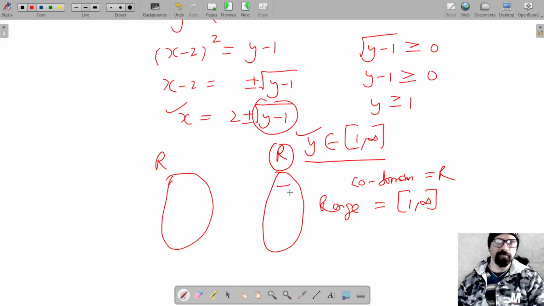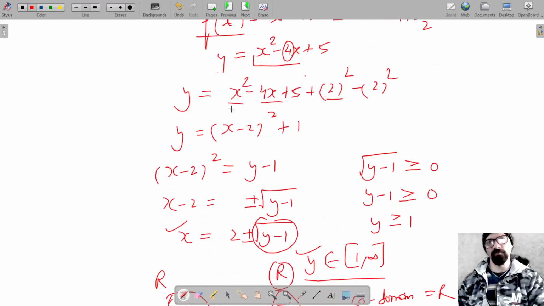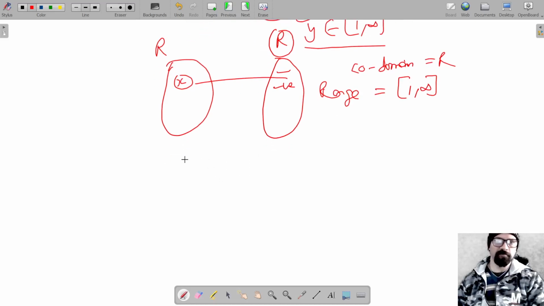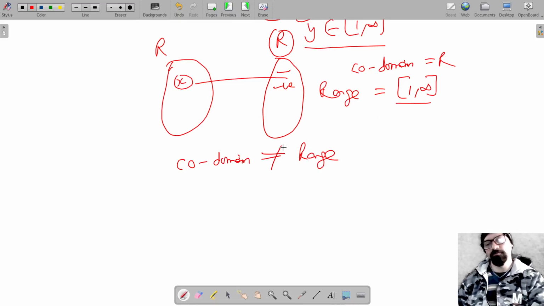For all the negative numbers here, we are not getting any value of x such that f of x is equal to x squared minus 4x plus 5, which is equal to y. So it's understood that the codomain is not equal to range, because the codomain is the real numbers and the range is only for the positive real numbers.